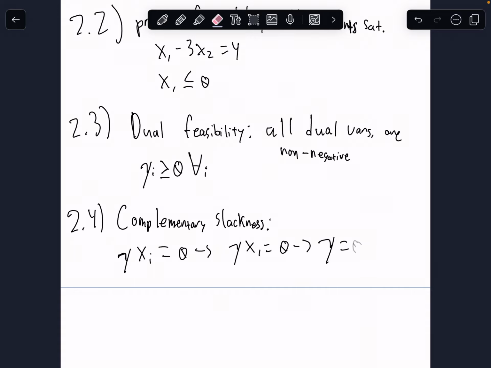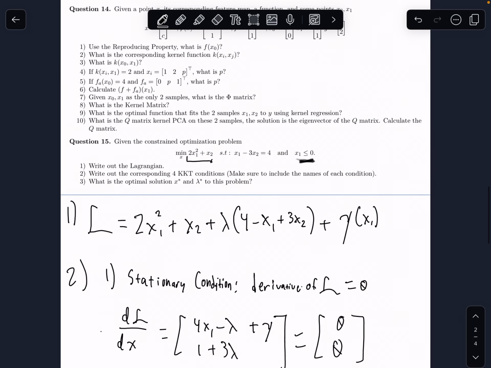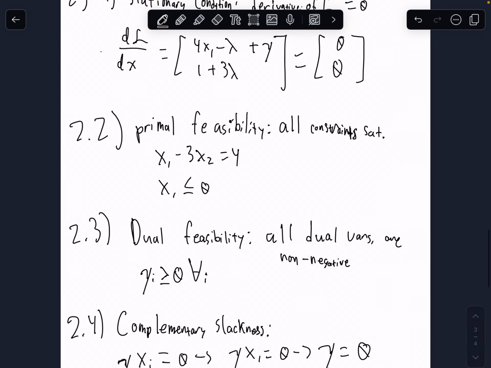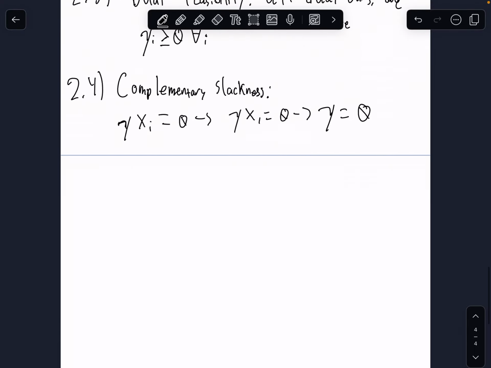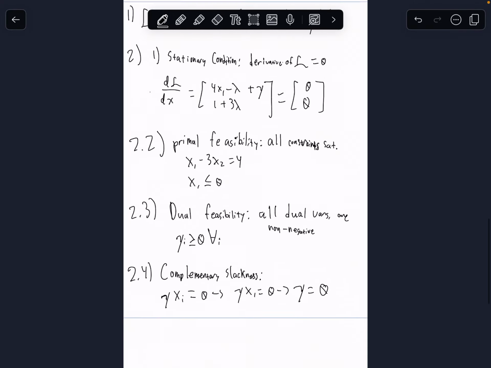So we've written out our 4 KKT conditions, and what's left is to solve, which is what part 3 asks for, optimal solution x star and lambda star. So let's use our KKT conditions.